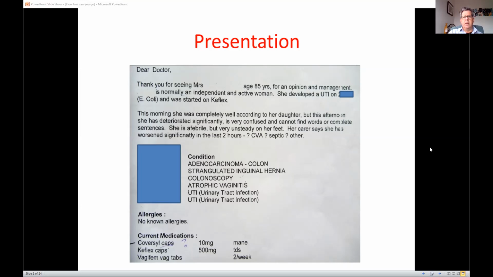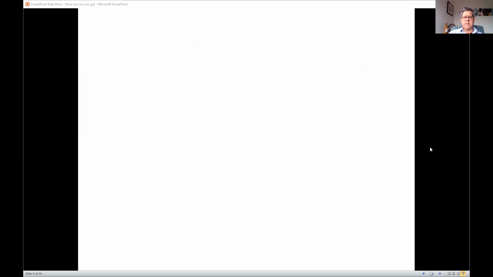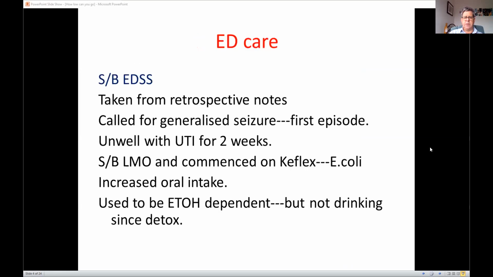ED. The first entry on the ED notes is actually by the staff specialist, and it's done retrospectively because she immediately, whilst waiting for a doctor, has a seizure, a generalized seizure, and it lasts for about 45 seconds.